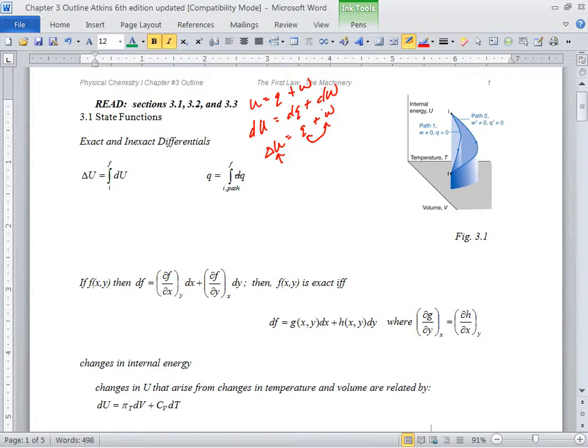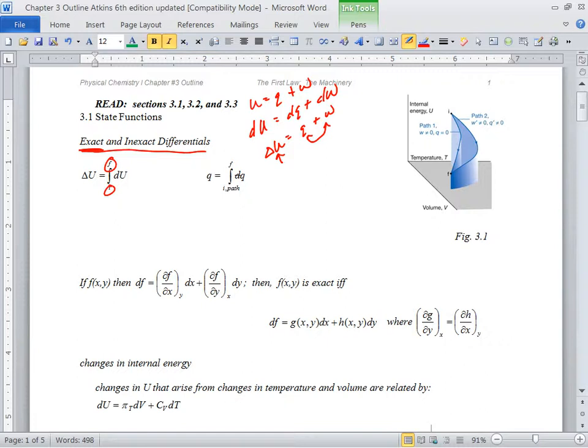Okay, so instead of looking at the functions, let's look at the differentials. An exact differential just depends on the initial and the final state. That's the best definition of exact. The path doesn't matter. It doesn't matter how you got there. All it depends on is the initial and the final state.